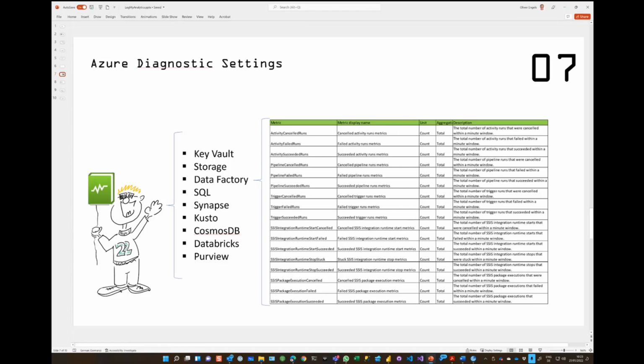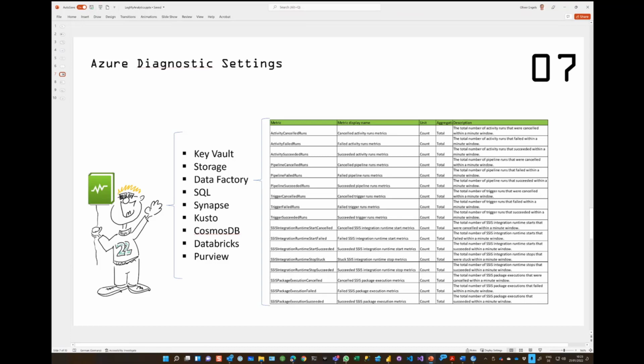But as we are looking at the data platform, just an example for Data Factory: you have metrics like activity failed runs, pipeline failed runs, SSIS packages, etc. that you run. You get all of this information in metrics, but also in logs, so you can analyze this.